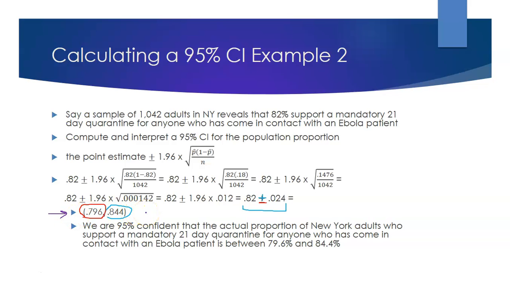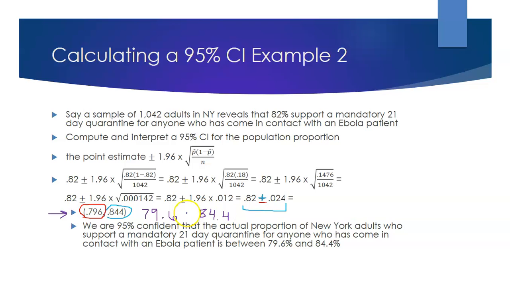Changing that confidence interval to percentages, we would have 79.6% and then 84.4%. Okay?